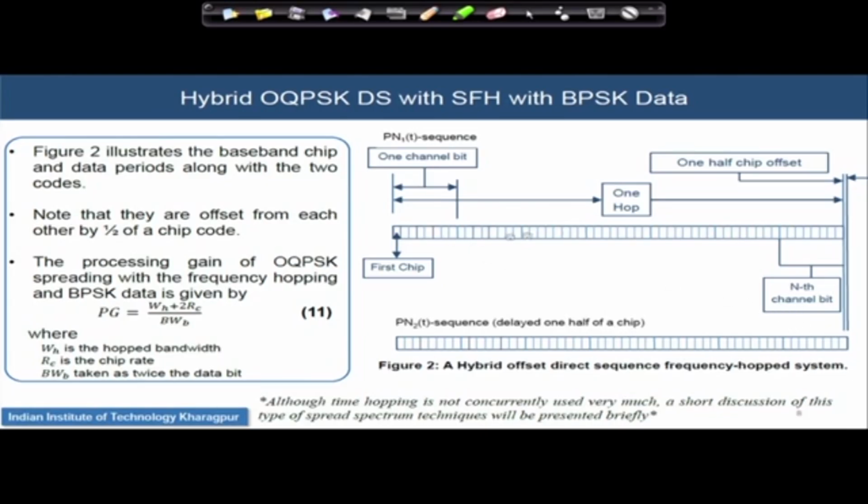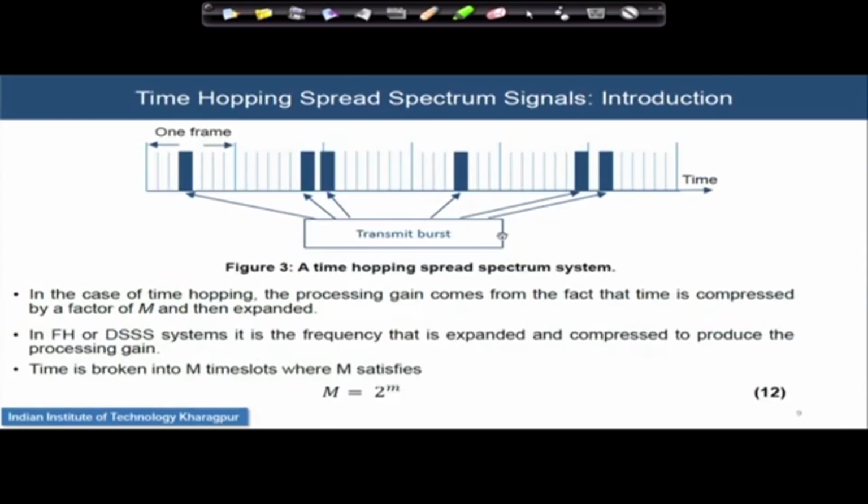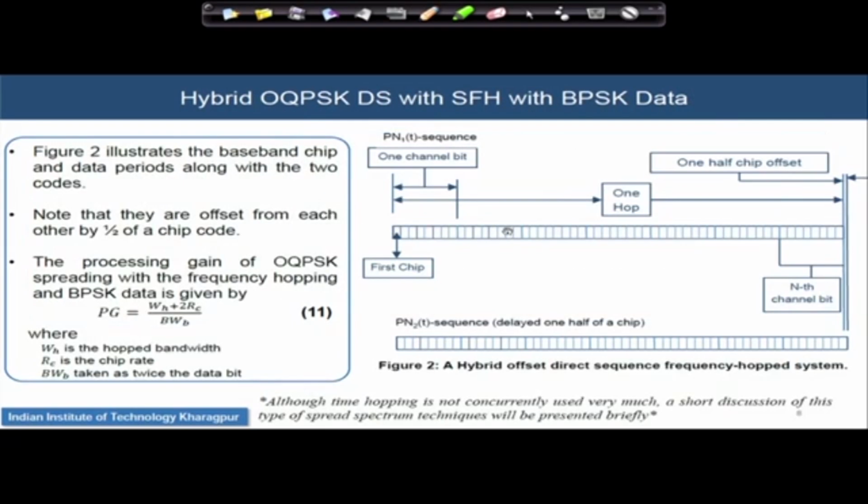As usual, these are the boundaries of the channel bits, and within each channel bit there is spreading going on. So, this PN1 sequence has spread the sequence something like this.